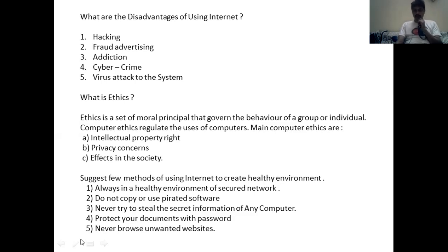Never use or browse any unwanted websites, which is very important. If you are using any unwanted websites or any kind of software or browsing option which manipulates different kinds of data, I will not get into the details, but you can see different information on the internet, and some information is restricted for children, like porn and other things.